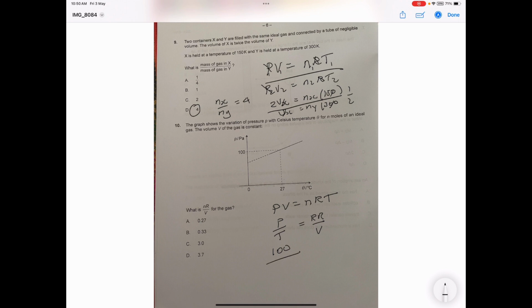Temperature is in degrees. We must change this into Kelvin, so it's going to 300. So the answer then is going to be a third. So it's going to be B, 0.33.